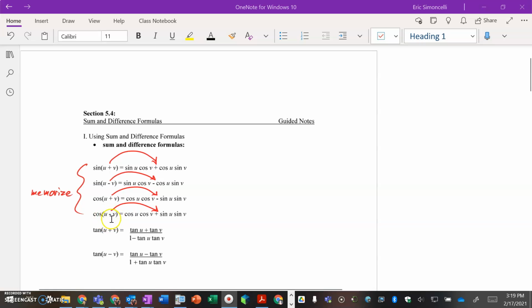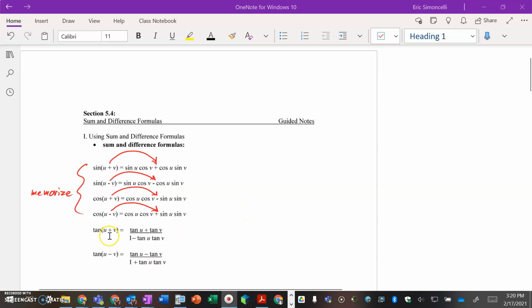Cosine of u minus v changes signs, as you can see, to a plus. So cosine, cosine, sine, sine. Notice the first angles are all u, and then v for the first terms respectively, and then u and v for the rest of the formulas that you can see. So again, sine, cosine, cosine, sine, cosine, cosine, sine, sine, to help you remember how that plays out. Maybe you can think of it that way.